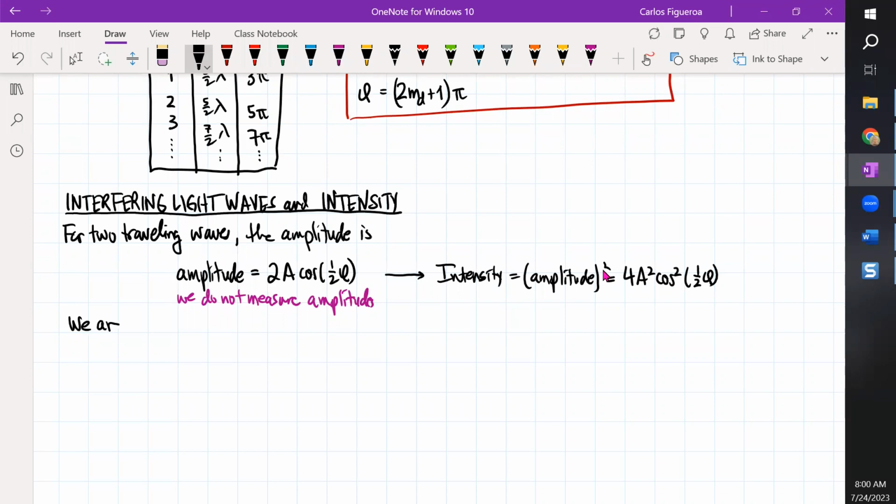We are usually, not all the time, most interested in the relative intensity.